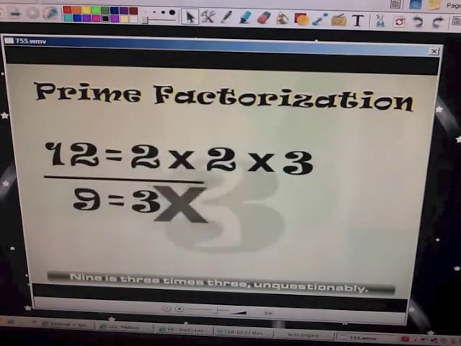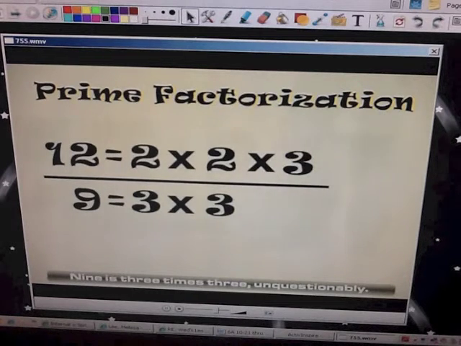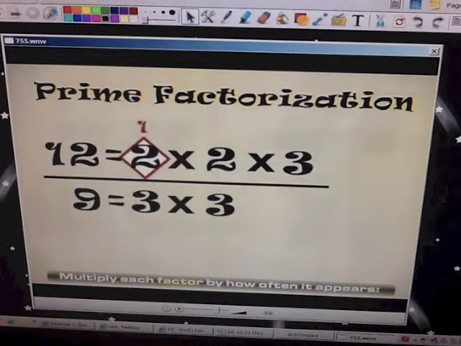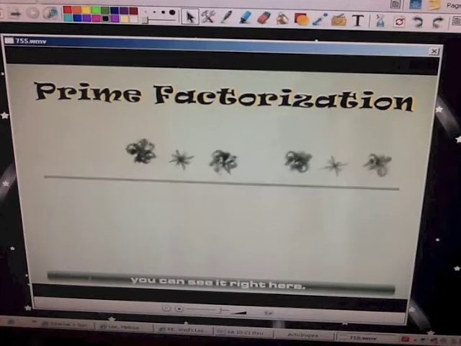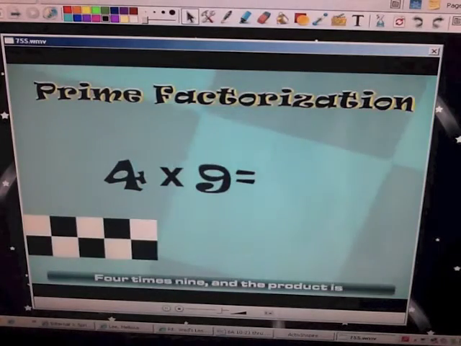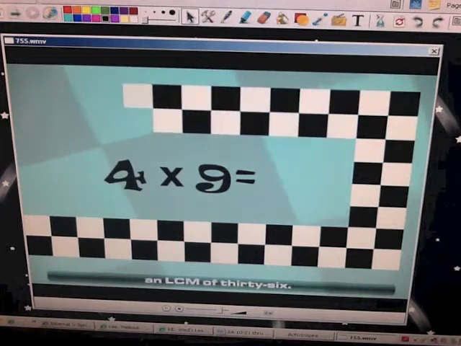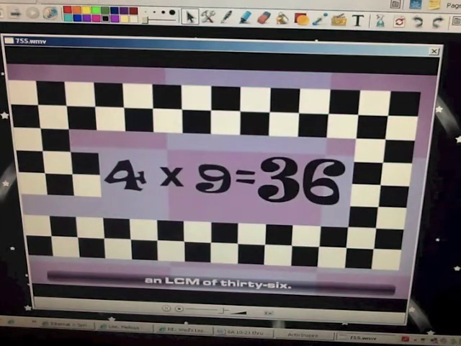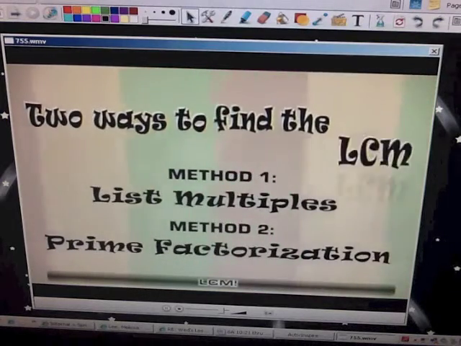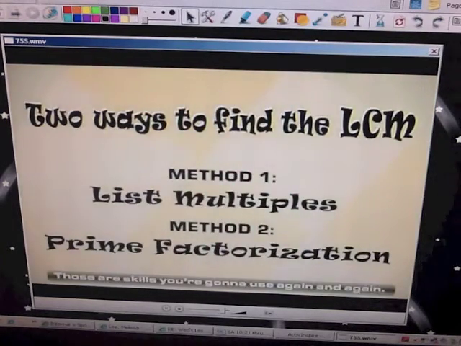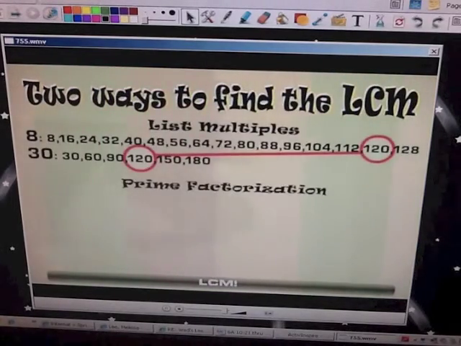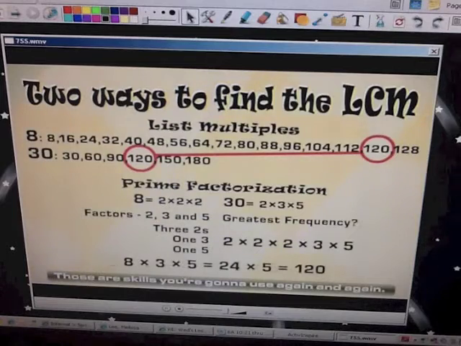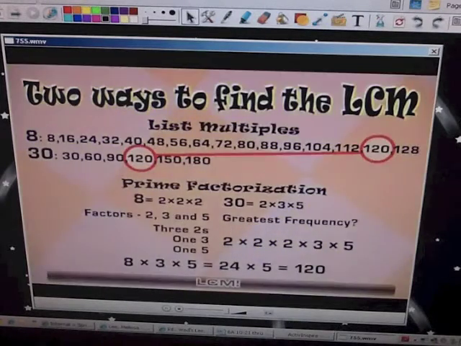Multiply each factor by how often it appears. 2 times 2 and 3 times 3, you can see it right here. 4 times 9 and the product is an LCM of 36. Now you know 2 ways to find the LCM. Those are skills you're gonna use again and again. LCM!